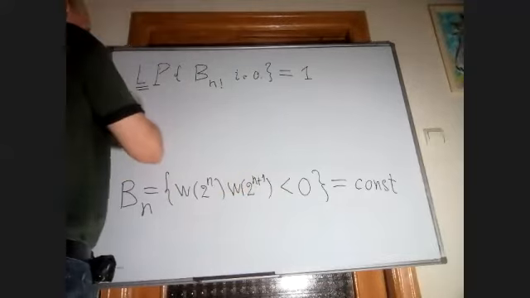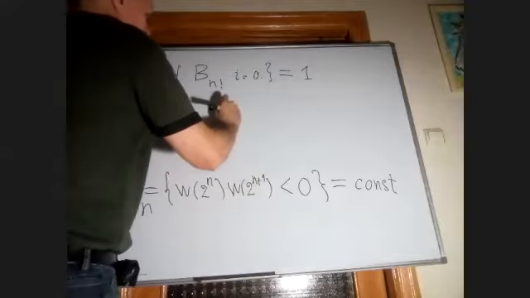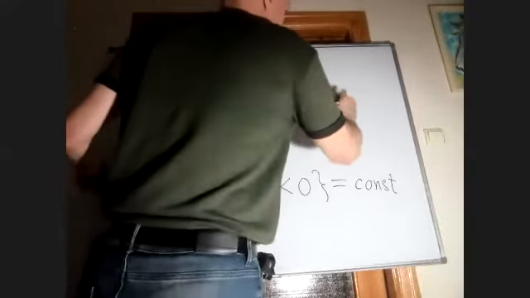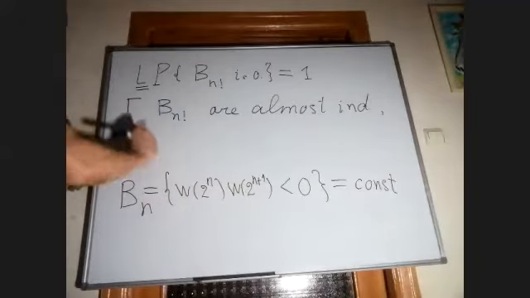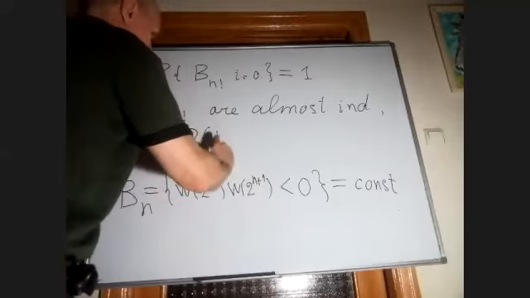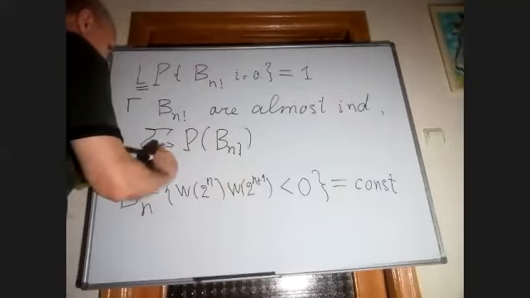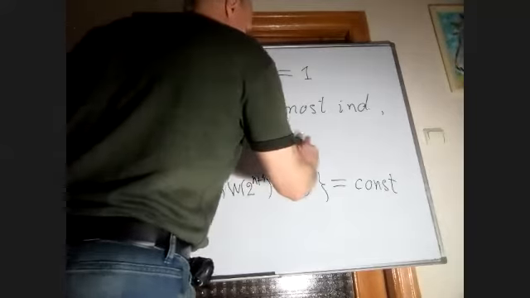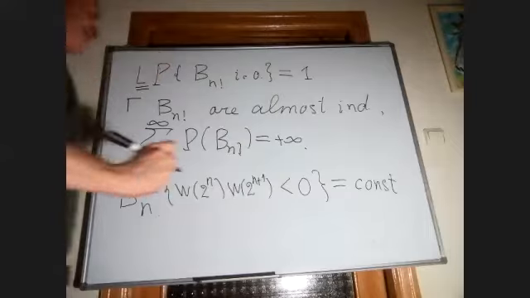We already see the B_(n!) are almost independent, and due to this, the sum of probabilities of B_(n!) is equal to infinity. So we can use the Borel-Cantelli lemma and get this.